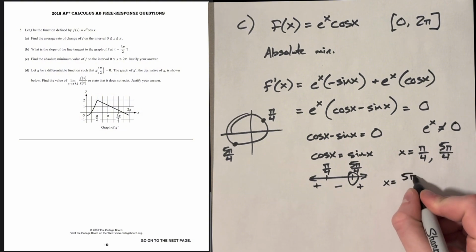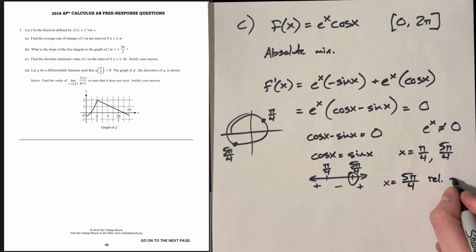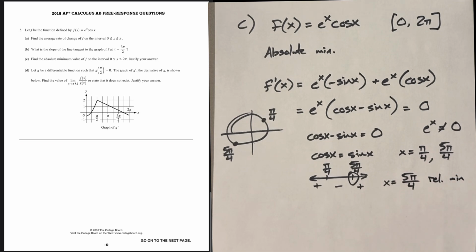X equals 5 pi over 4 is our relative minimum. In the same way, pi over 4 would be a relative maximum, because as we go from an increasing to a decreasing function, pi over 4 is a critical value, and it will be the peak of that mountain.